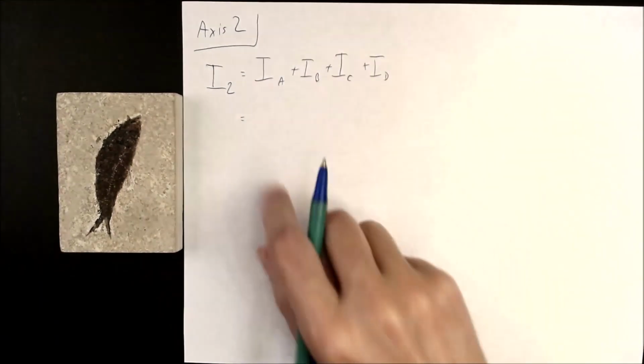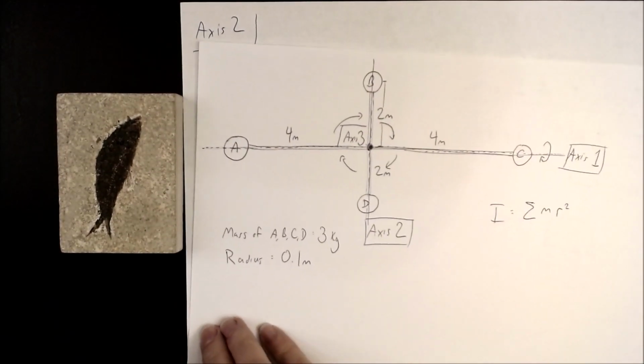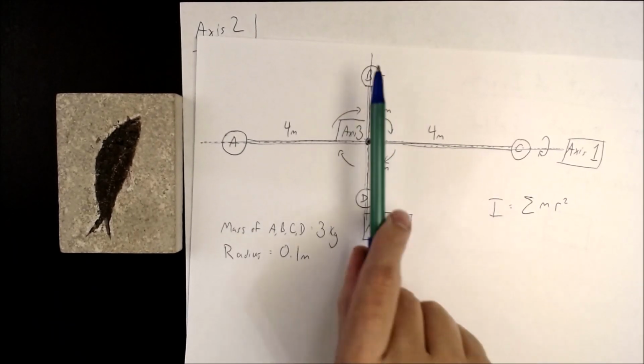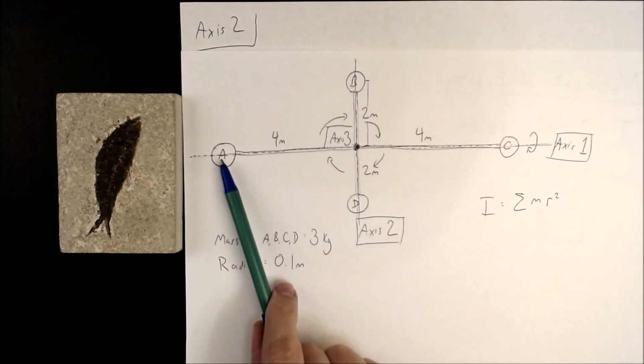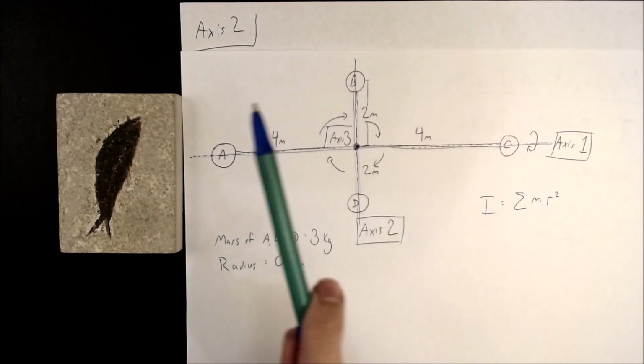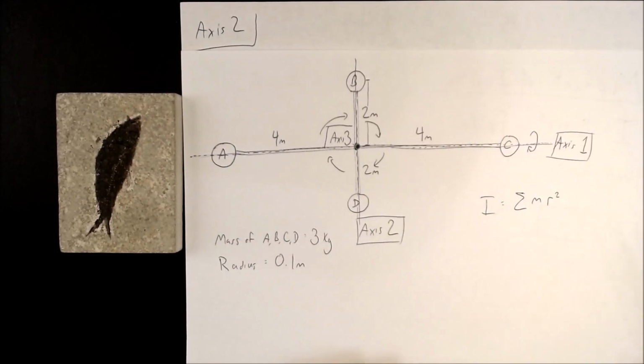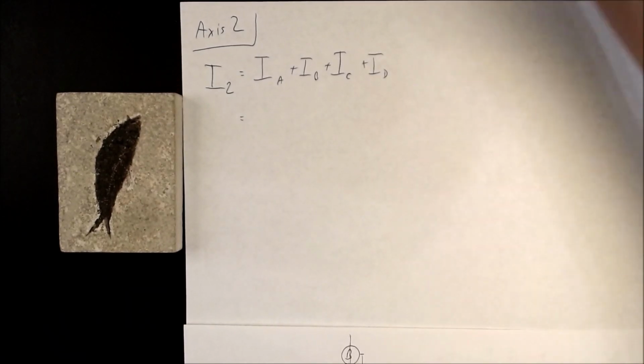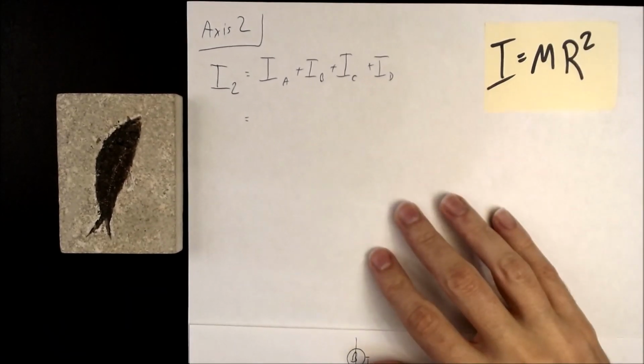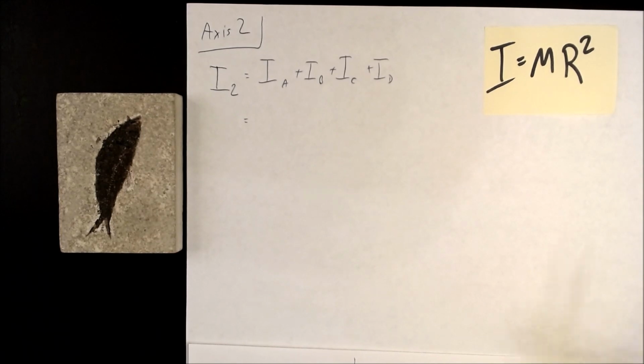This is going to be object A. We're rotating it around axis 2 now, so object A and object C are going to be moving quite far around in their circle. So that means that we're going to use I equals m r squared for those two.